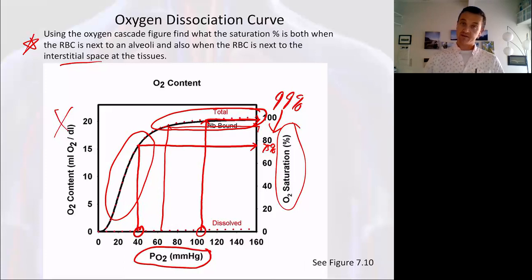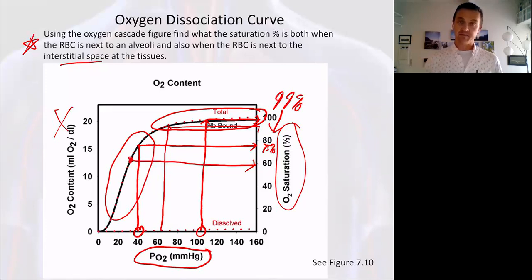But let's say the interstitial space content goes from 40 to just 35, which would take us right here instead. That results in a huge difference. That goes from 75 to 60%, meaning that just by a 5 millimeter decrease in oxygen level in the interstitial space, we dropped off 15% more oxygen.